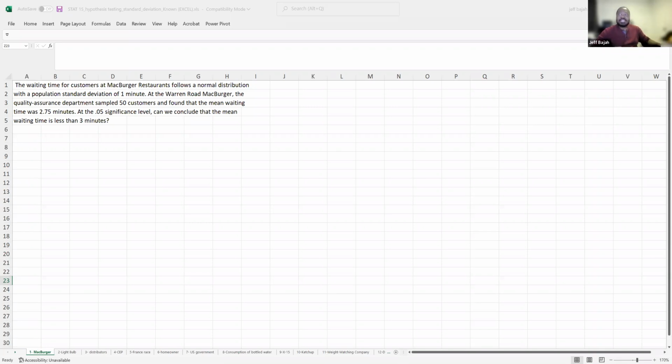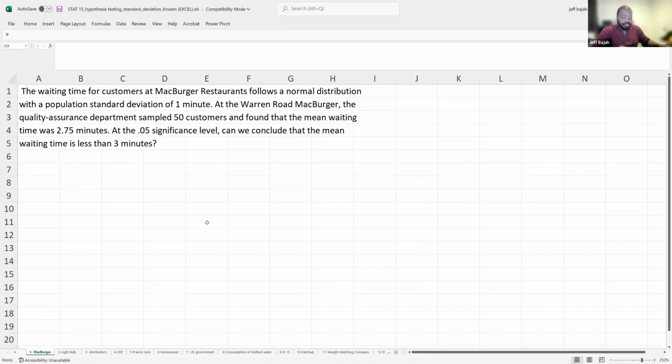All right. So it says that, and let me make this larger, that way you can see it very well. It says that the waiting time for customers at McBurger restaurant follows a normal distribution, right? So waiting time, as you all know, to get into restaurants, sometimes you have to wait.